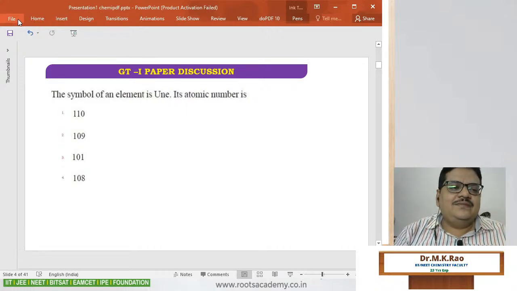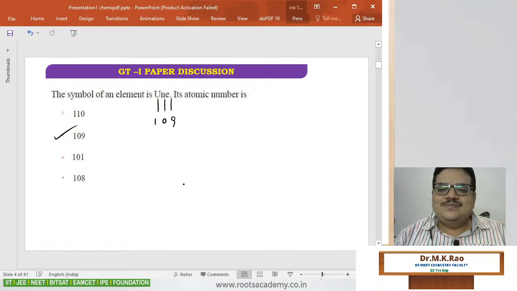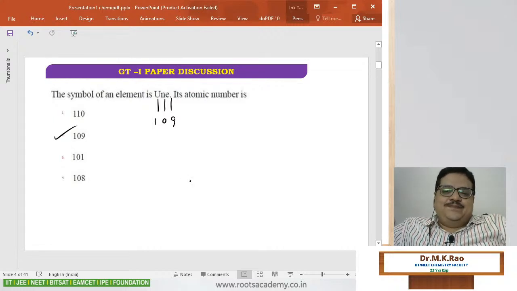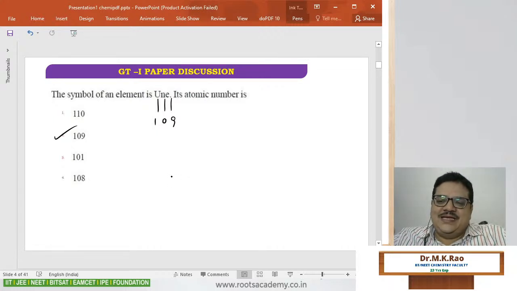NEM is 9. Nillium means 0, NEM means 9. It should be option 2. Okay? Next question.